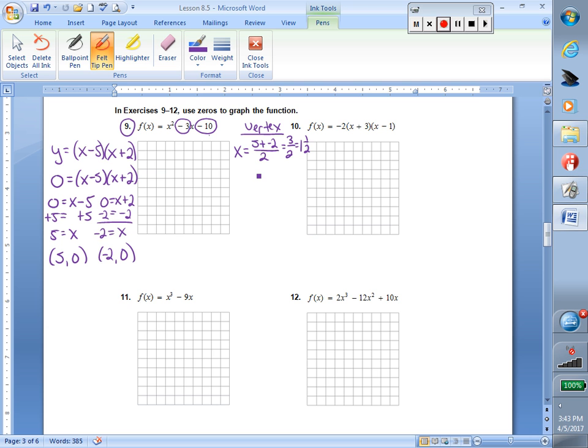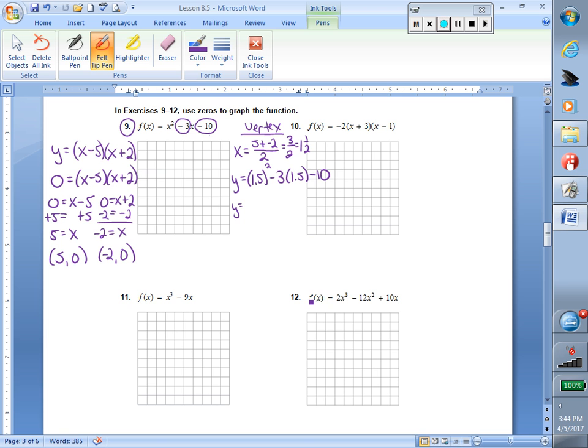Now, just like we saw in 8.3, once I know my x value, all I have to do is substitute that in for x to get the y value. So I have 1.5 squared minus 3 times 1.5 minus 10. 1.5 squared, I'm not sure what that is off the top of my head.